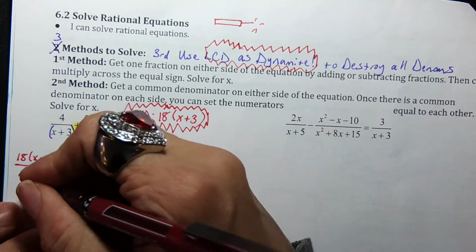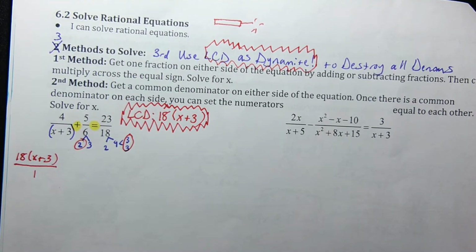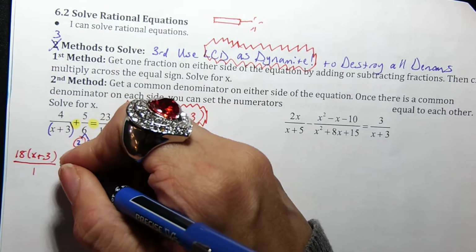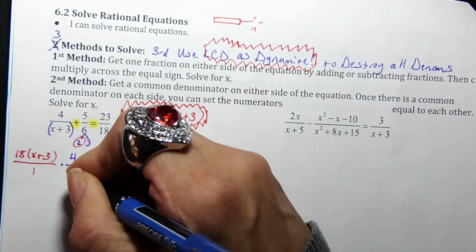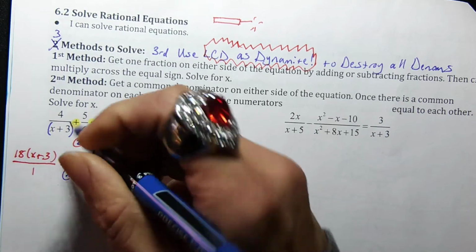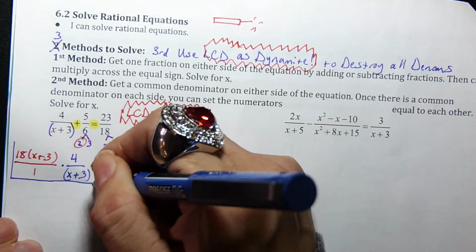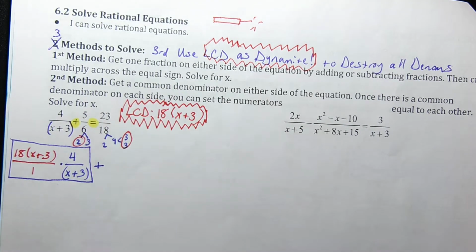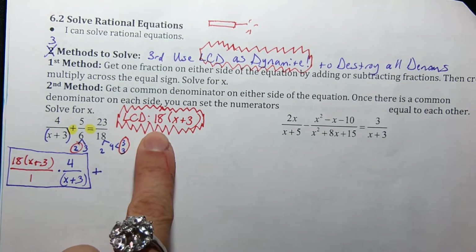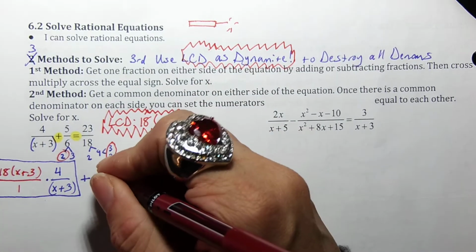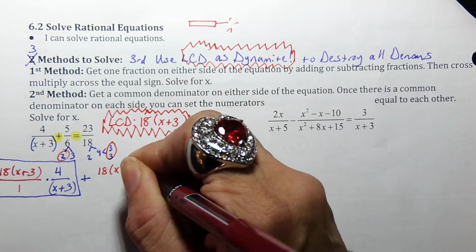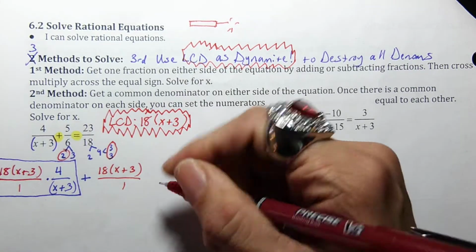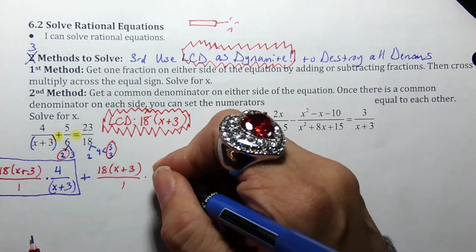18, x plus 3. And you can put it over 1 just to make it look more fraction-y. So I'm going to multiply that by my first fraction, 4 over x plus 3. Sometimes I like to box these off because they all turn into their own little simplifying problem. Plus, now we're going to lay down the dynamite in front of our next fraction. So 18 times x plus 3 again over 1 times the second fraction.